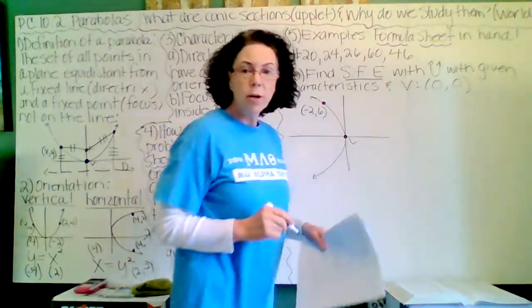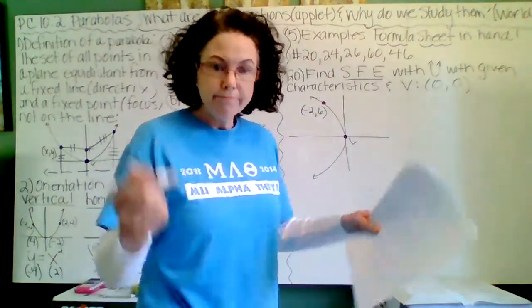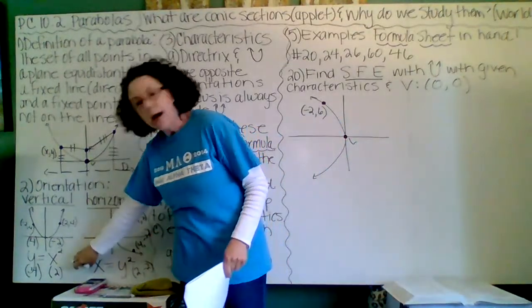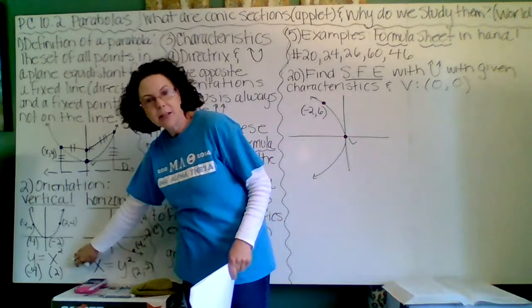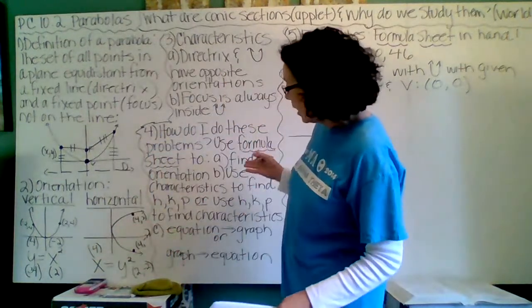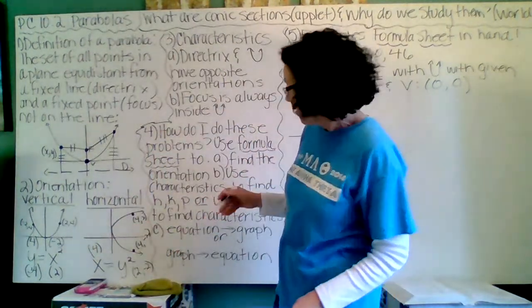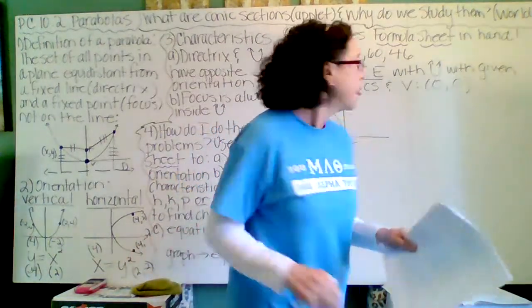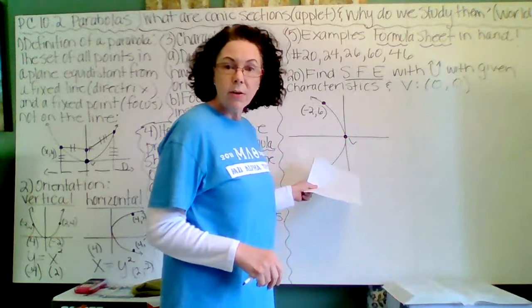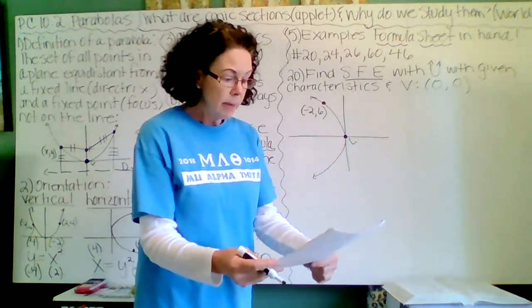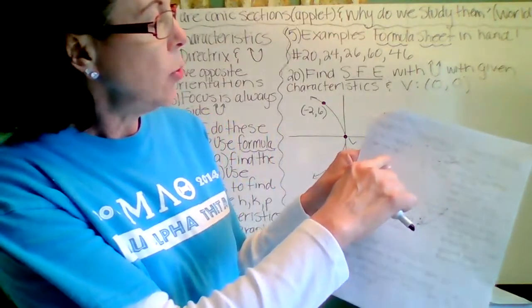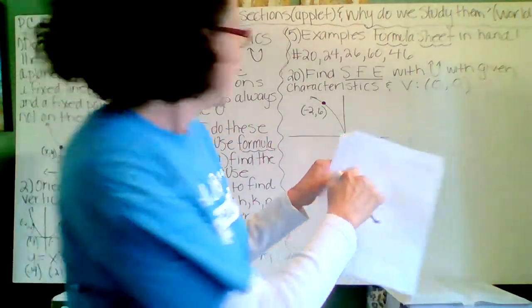I need to know which equation to write, right? Because if I have a vertical orientation, my y will be to the first power and my x will be squared. Or if I have a horizontal orientation, my y is being squared and I have x to the first power. If I have a horizontal orientation, I look at my sheet and here is my standard form of an equation with horizontal orientation.